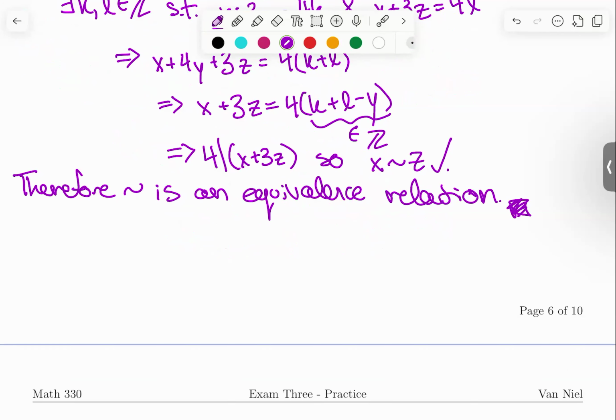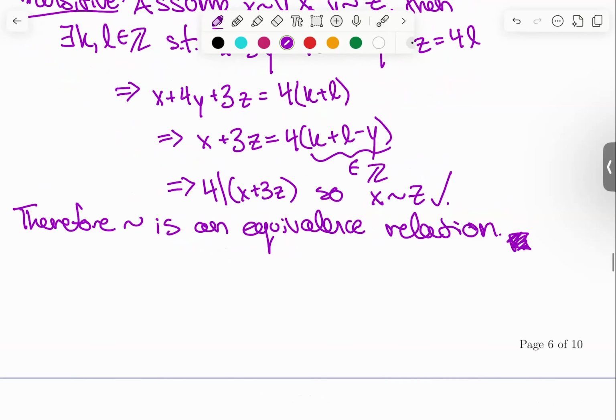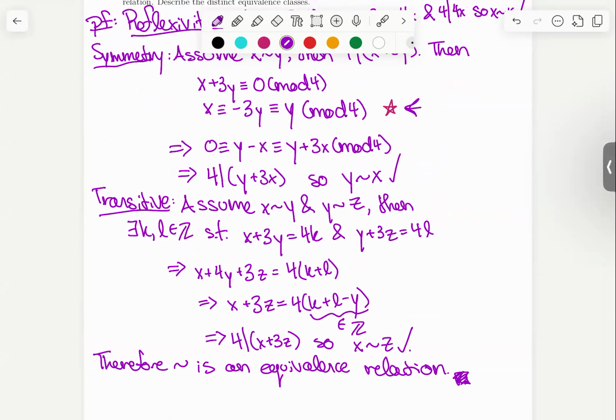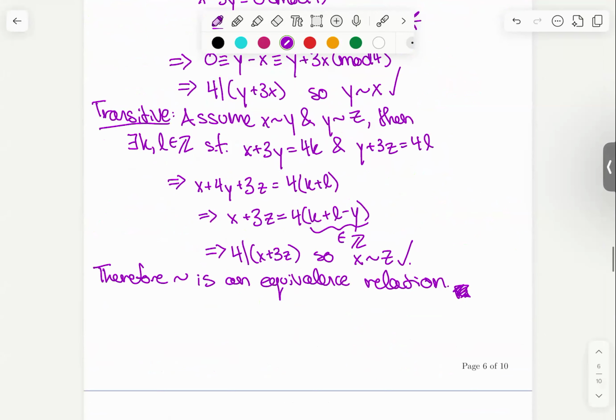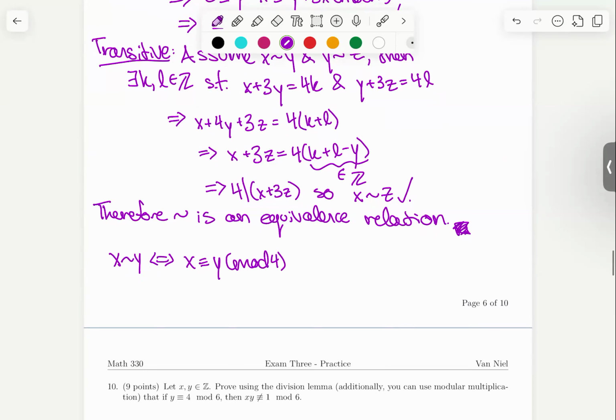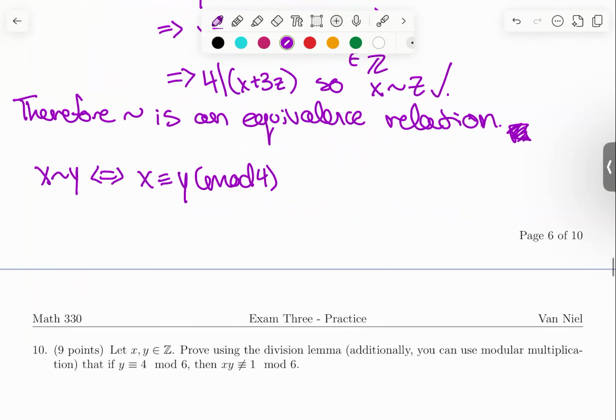Yay. Okay, so now I go back and I say, well, remember this thing that I solved above? x twiddles y if and only if x is equivalent to y mod 4. So what are our classes?